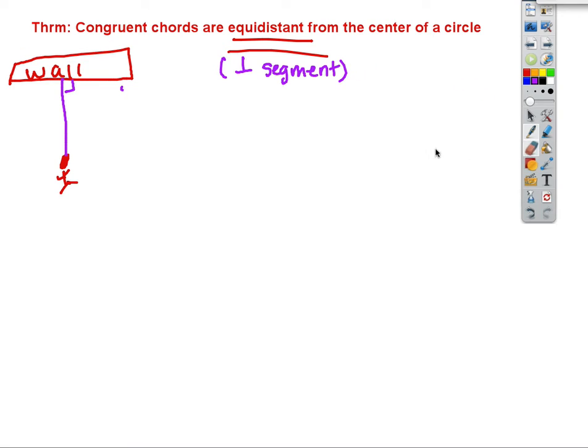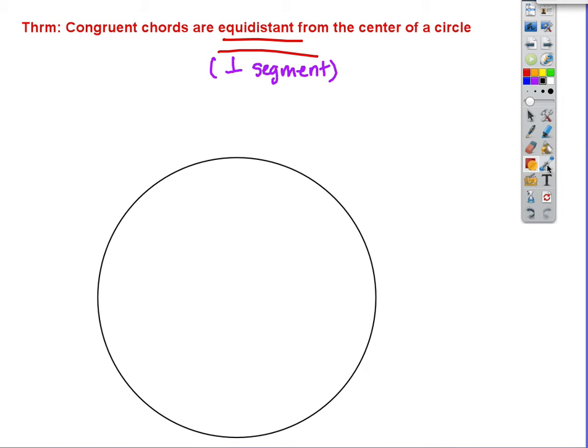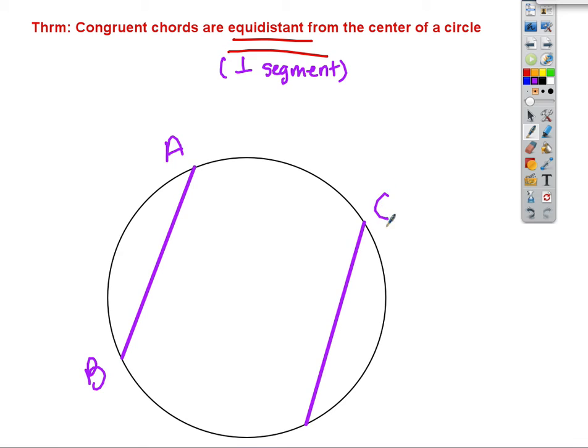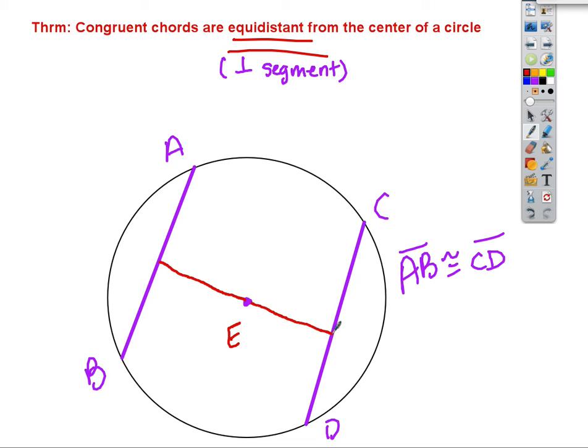That is important for this concept because if I have a circle, it says congruent chords are equidistant from the center of a circle. So let's say that AB and CD are congruent. If they're congruent, they're equidistant from the center. If this is the center of the circle, equidistant just means the distance from this chord to the center would be the same distance that this chord is from the center.